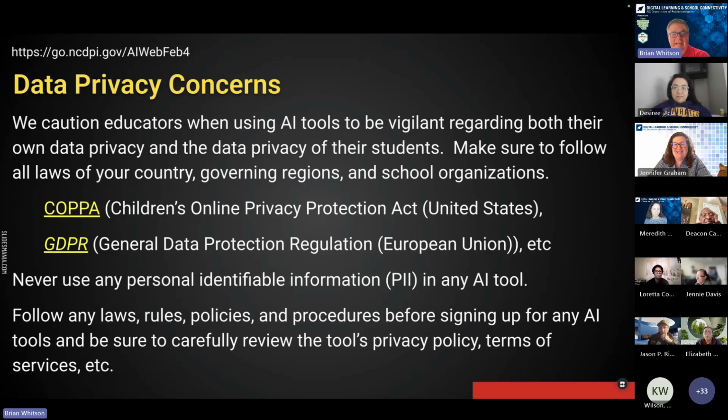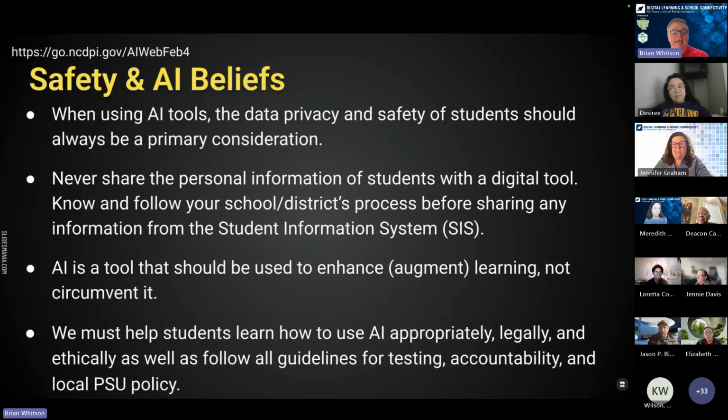If you need any help with that, please reach out to your school system's technology leader, and they'll be happy to help you understand what's considered personally identifiable information. Make sure you follow any laws, rules, policies, and procedures before signing up for AI tools, and be sure to review that tool's privacy policy as well.